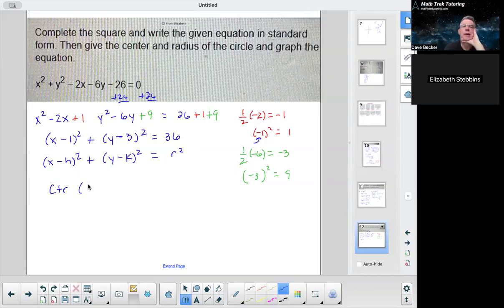So it would be positive 1, positive 3. And so r squared equals 36. R is the radius, so we want r, not r squared. So the radius would be the square root of 36, which is 6.